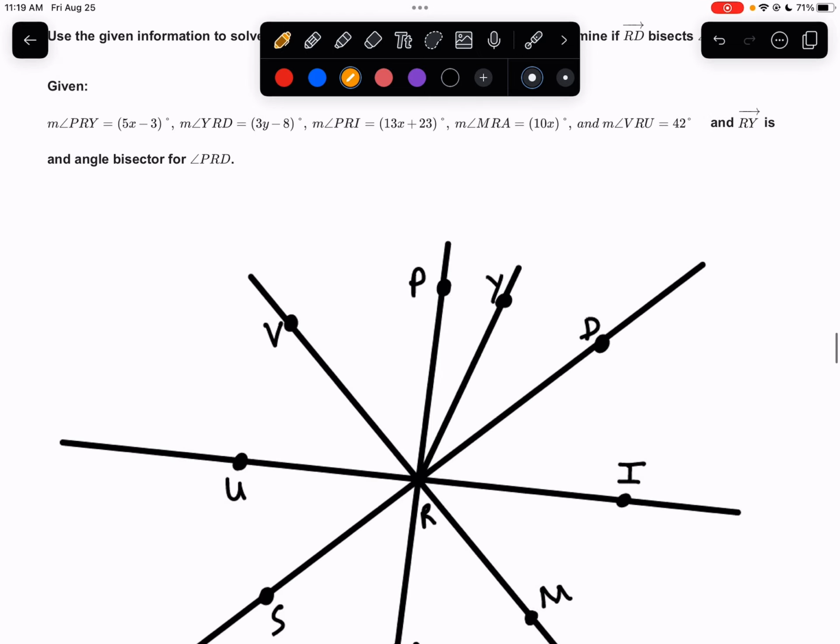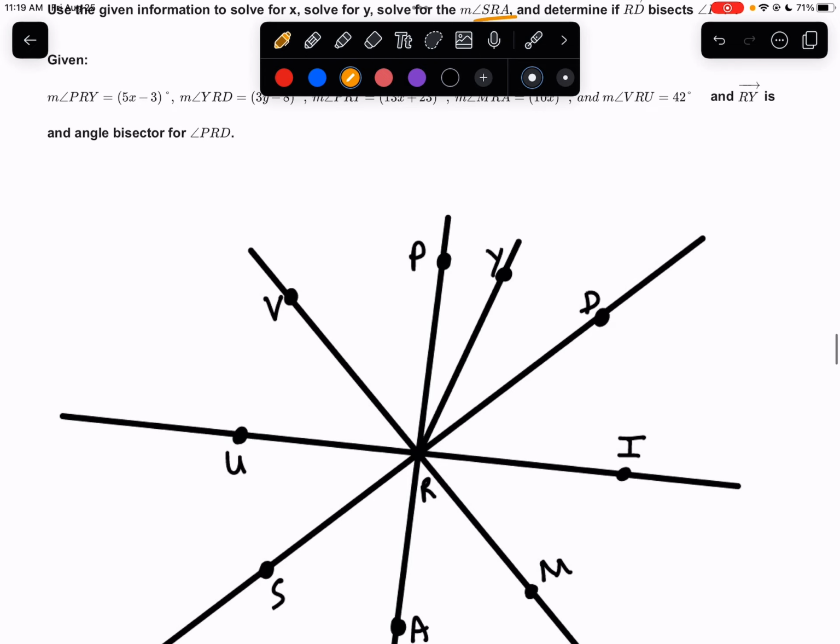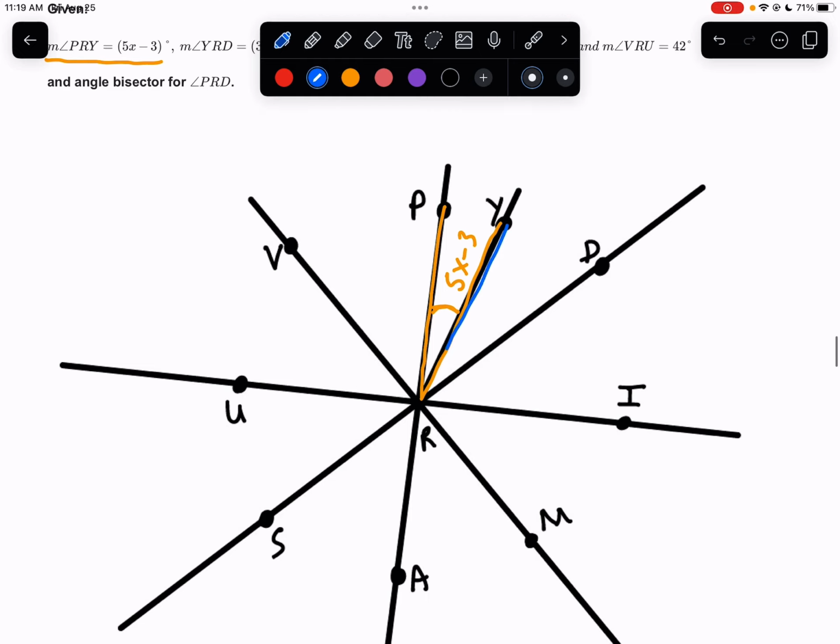So let's take a look here. PRY. We got to go through every detail, make sure we get it in the right spot. Angle PRY is this little one, right? PRY is that angle. And that's 5x minus 3. Then we have YRD. YRD, that's this angle.